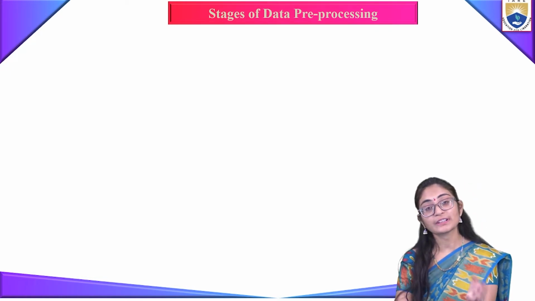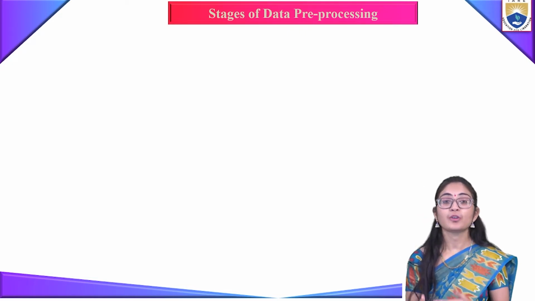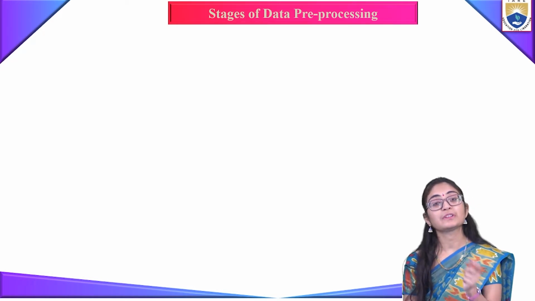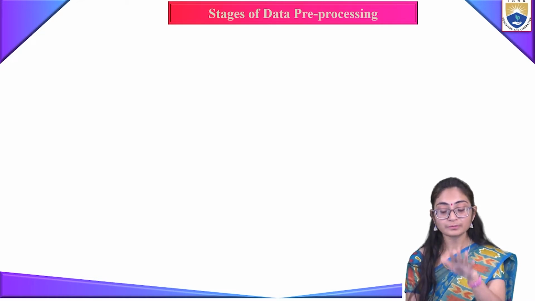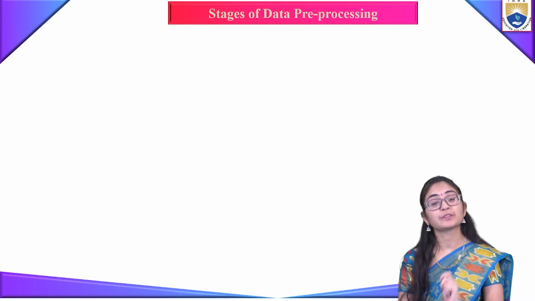If it is not in a meaningful, understandable format, then some error will occur. So you have to follow a particular structure, some format at the time of data pre-processing.